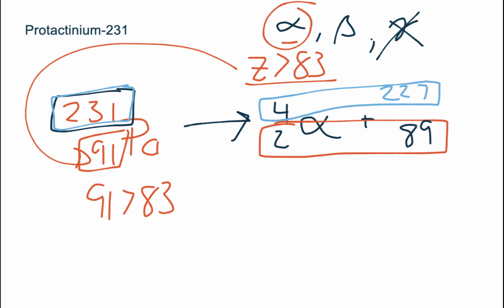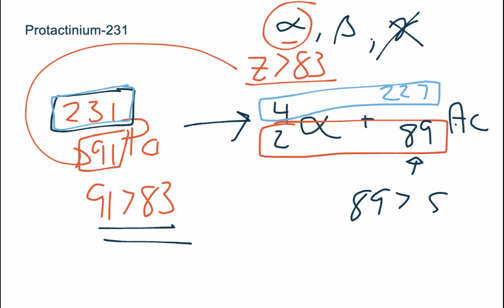Then look at your periodic table and see which element has 89 protons, and it is actinium. So this would be our balanced equation. Then we should always double check. The problem with this was that we had too many protons. 89 is closer to 83 than 91, so that is better. All right, let's try another one.